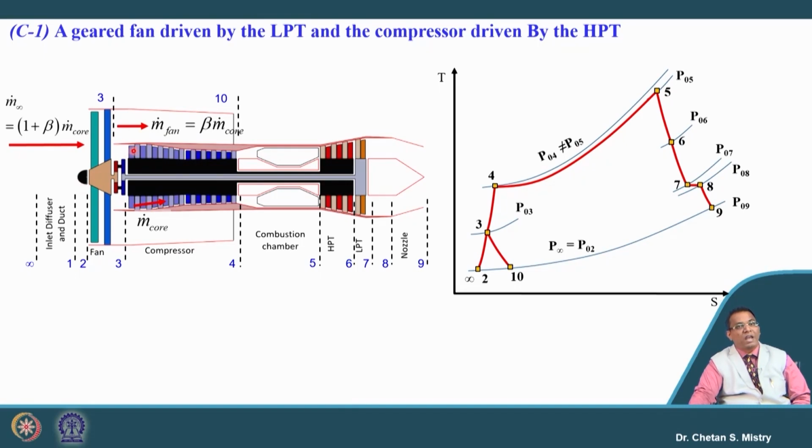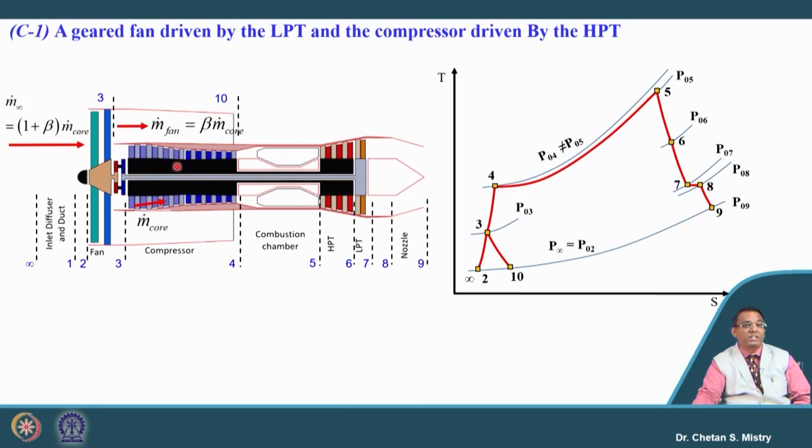But at the same time, the speed of this compressor, which is driven by my HP turbine, will also have some limitations. In this case, in order to achieve the higher pressure ratio as per our overall pressure ratio requirement, it may be possible that we will have more stages for the compressor.